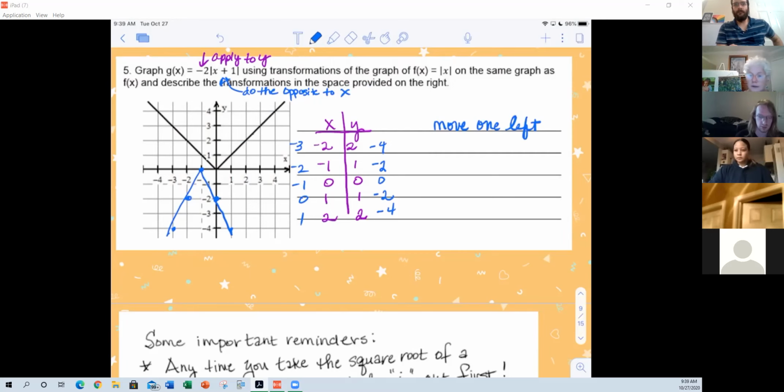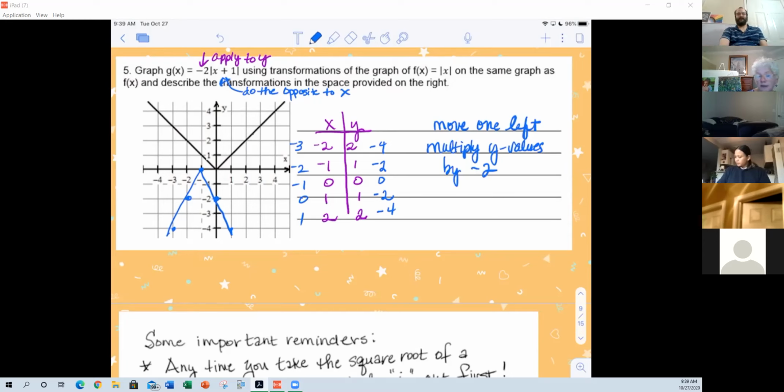That was Hunter, right? Yes, ma'am. Okay. So he said move one left and multiply all the y values by -2. Now I would totally take that. Or if you wanted to say shift one to the left and reflect over the x-axis and stretch by a factor of 2, that would be fine.